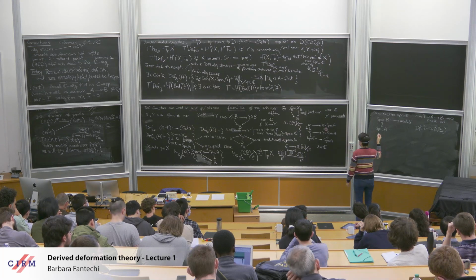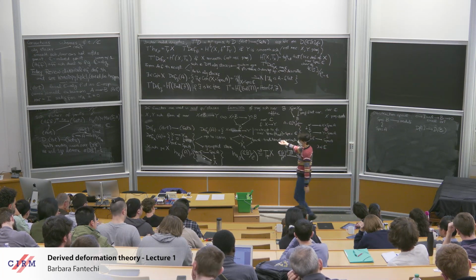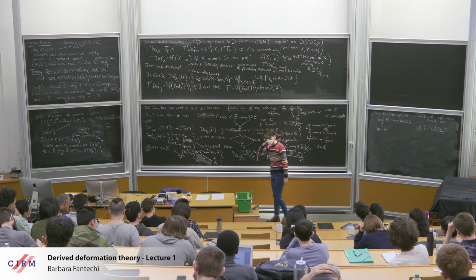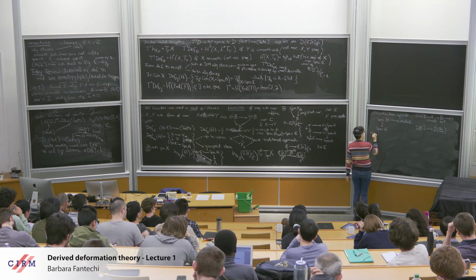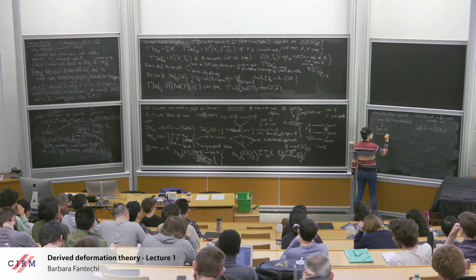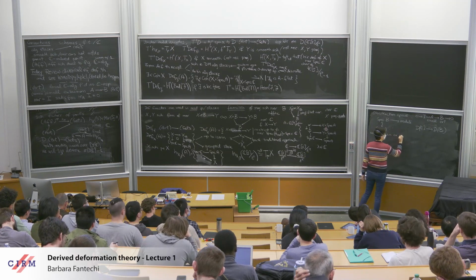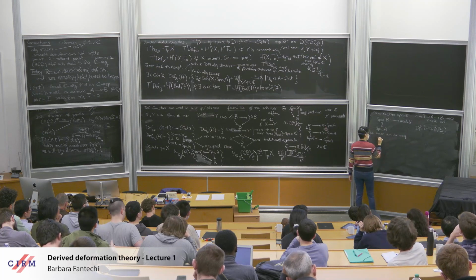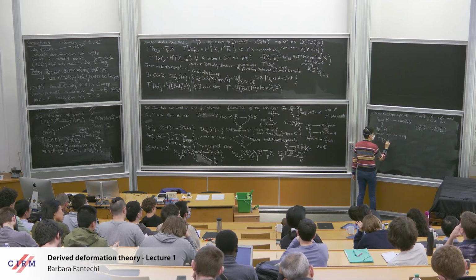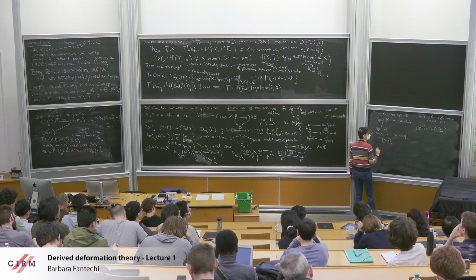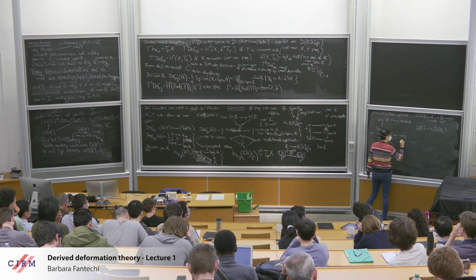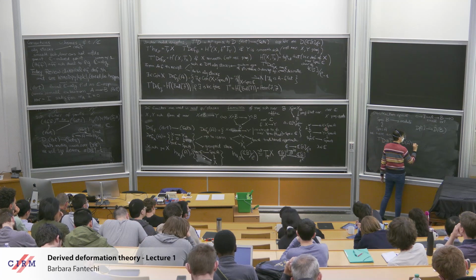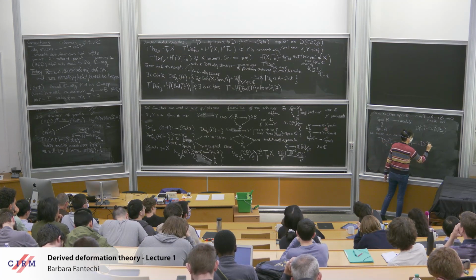And so the first property of the tangent space is that we have an exact sequence: T1D tensor I, where this is a tensor as complex vector spaces, to D(A) to D(B).